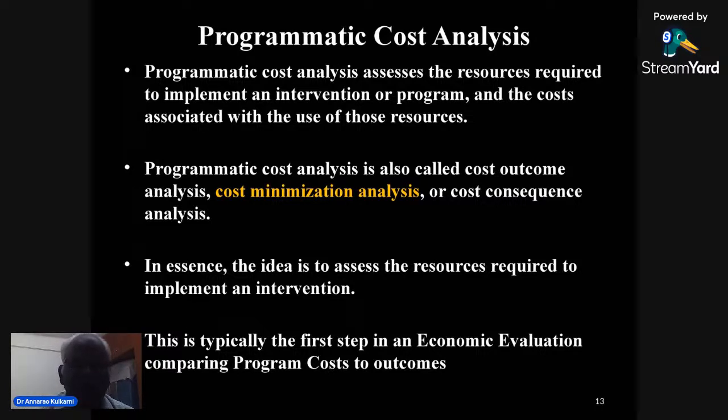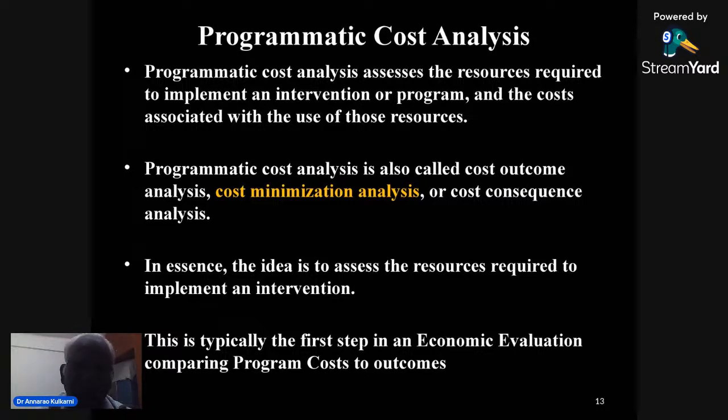Whereas in the cost minimization analysis, which we are going to study next, we compare at least two alternatives, and here the results or the effects are the same or assumed to be the same, and we then find out the cost of the two programs and choose the program which has the minimum cost. So that is cost minimization analysis as commonly understood.